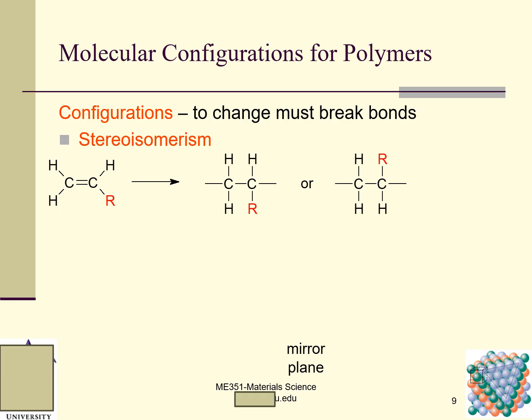Here we have C, C, H, H, and R, where R is a radical, and then H, H. You can see the difference between this structure and this structure is the position of R. In one, R is below the backbone chain, and in the other, R is above the backbone chain. So this means the double bond is possible to be this one or this one.